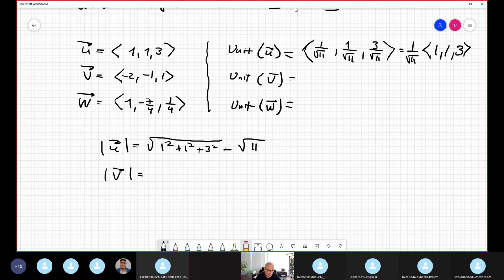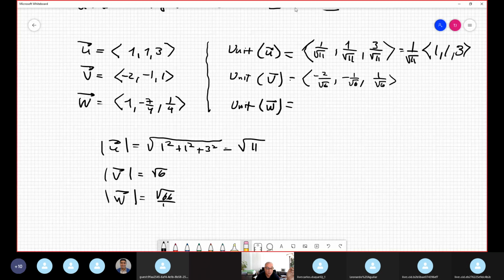The magnitude of b is similar, it is radical 6. So now it is minus 2 over radical 6, negative 1 over radical 6, positive 1 over radical 6. And finally, the magnitude of w: you put this together, it is the square root of 66 over 4.